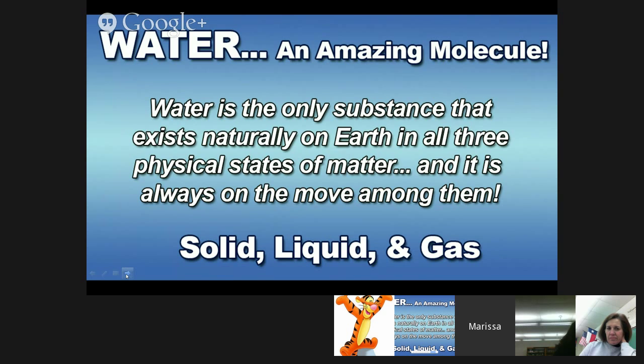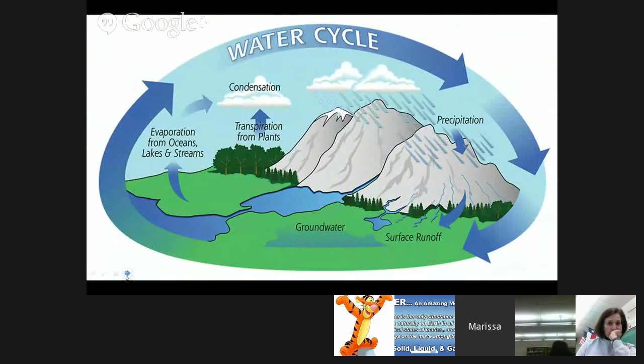And it turns out, given the pressure and the temperature that we have here at the Earth's surface, that water is the only substance that manages to exist in all of those states, and that's how the water cycle has come to be. We have the evaporation from the oceans and the lakes and the streams, which takes liquid water and puts water vapor into the air.